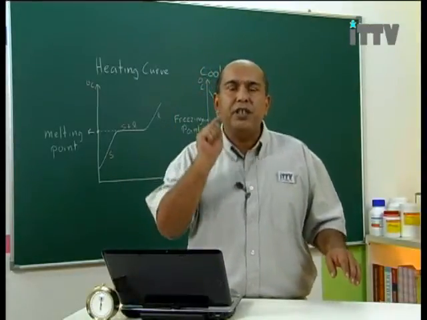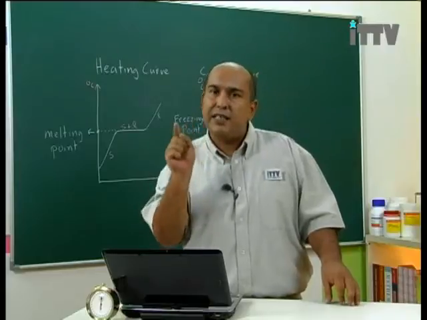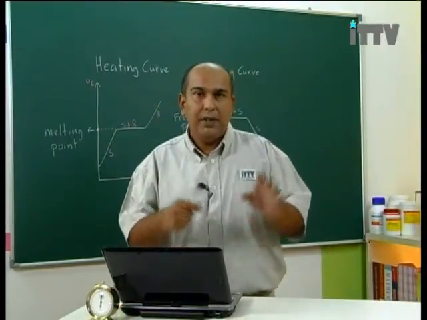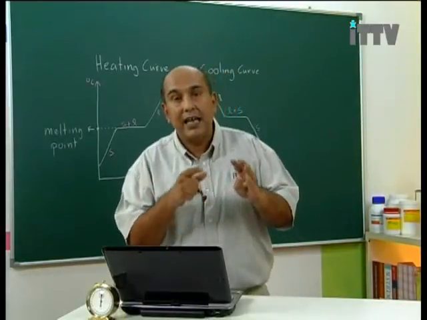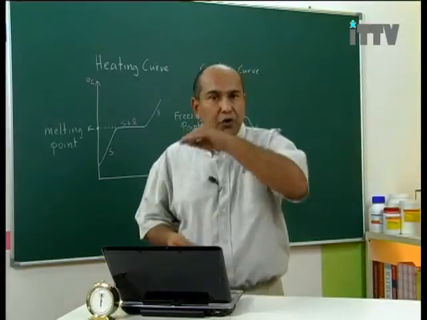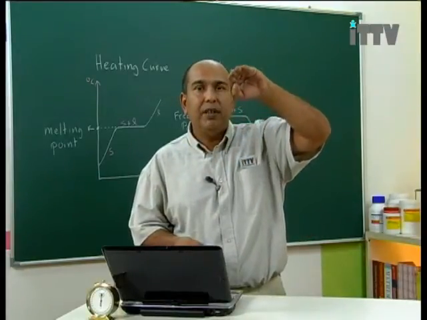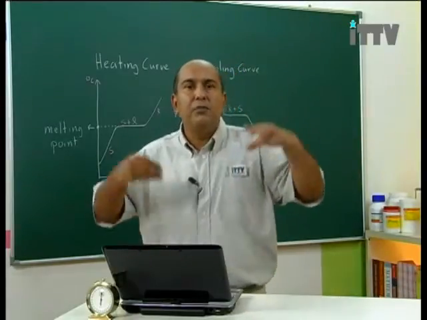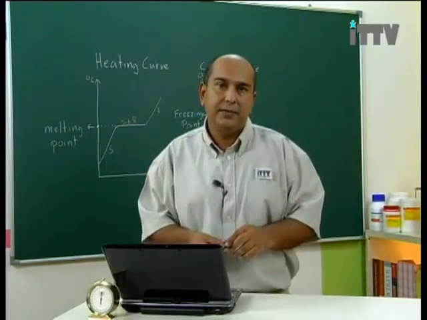As the temperature increases, kinetic energy increases. So when we are heating something up, the melting process and the boiling process, in both those cases, as your curve starts to go up, your kinetic energy is increasing. Your particles are moving faster and faster.